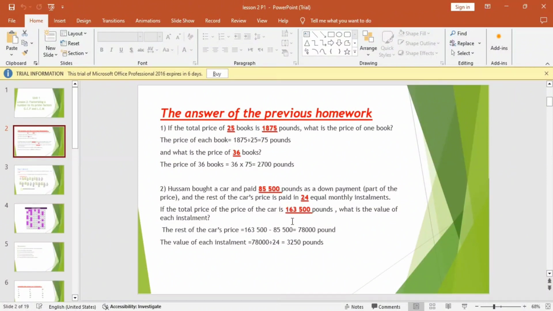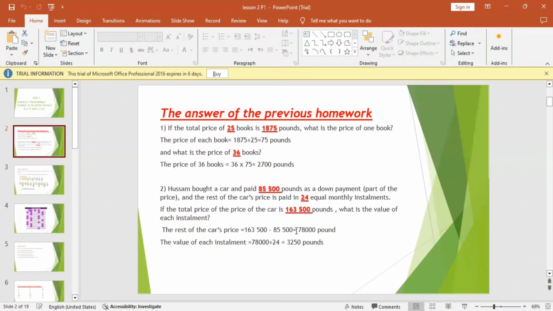How can I get the value of each installment? First, we have to know the rest of the car's price by subtracting the down payment from the total price. So 163,500 minus 85,500. The answer is £78,000.